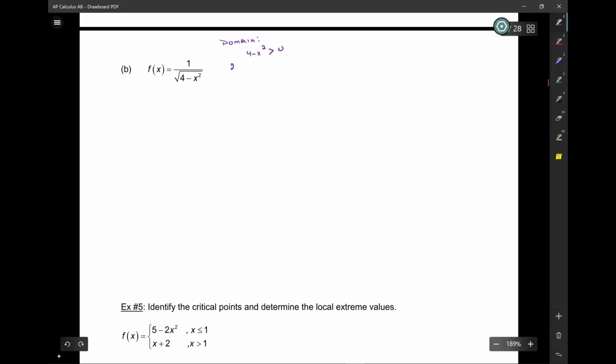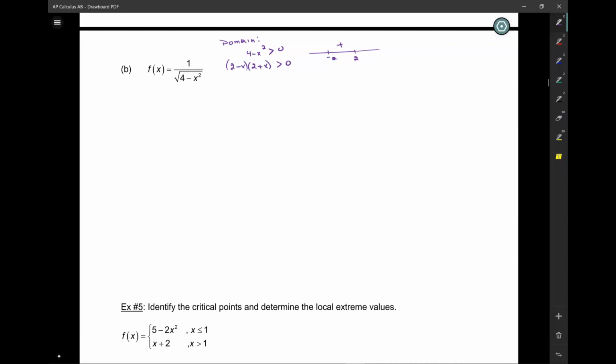So remember how we did this? It was 2 minus x, 2 plus x greater than 0. And if it's a nonlinear inequality, then I have to test values. So negative 2, positive 2. And if I have a value from the middle here, like 0, and I plug it in here, I get positive.